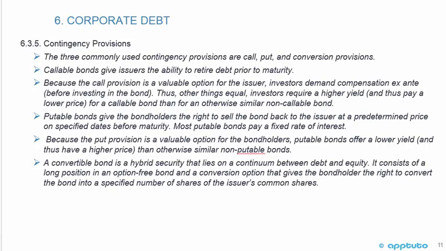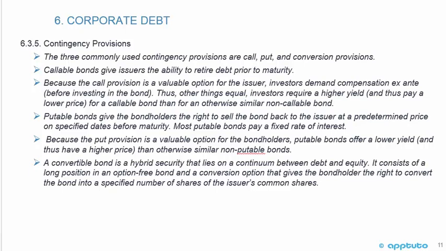Because the call provision is a valuable option for the issuer, investors demand compensation ex ante, that means before investing in the bond. Thus, all other things equal, investors require a higher yield and thus pay a lower price for a callable bond than for an otherwise similar non-callable bond.